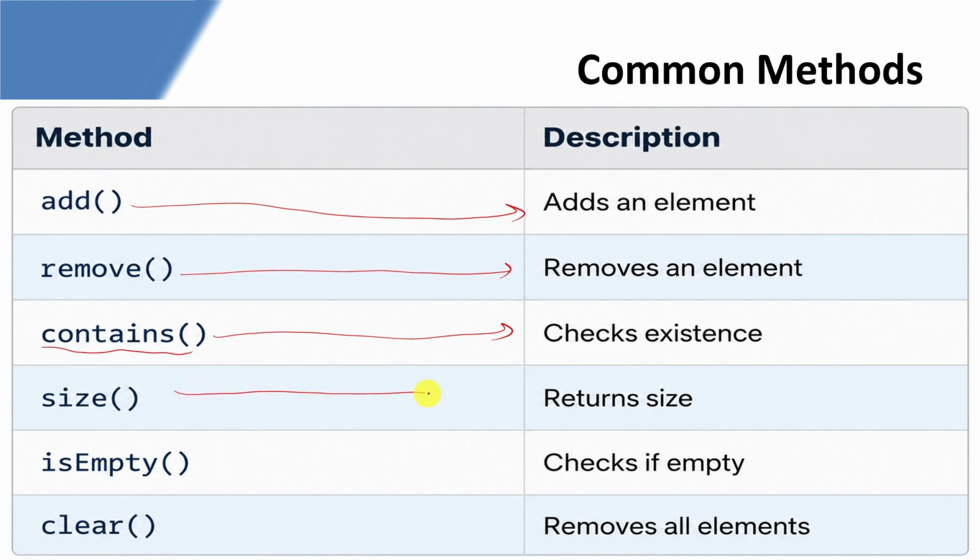Size returns the number of elements present in the LinkedHashSet. And isEmpty checks if the LinkedHashSet is empty or not. It returns a Boolean value. And clear will remove all elements present in the LinkedHashSet. So these are the common methods which we'll use while using LinkedHashSet.